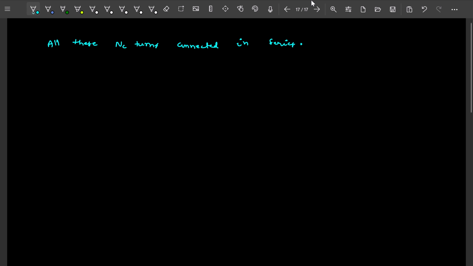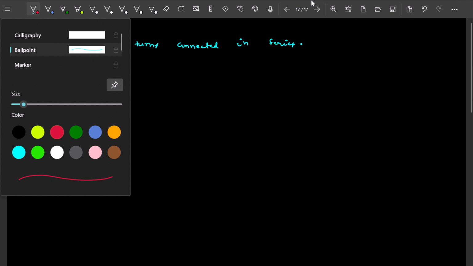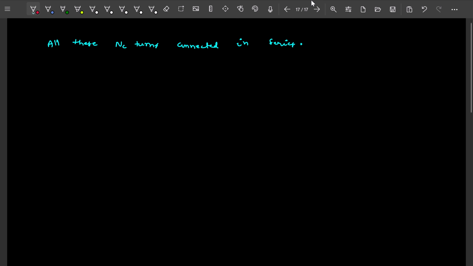That is how they look, this is the way they look like. These conductors, whatever conductors we have in slot 1 and slot 2. Okay, this is another term.